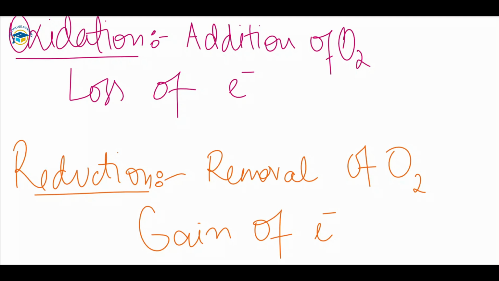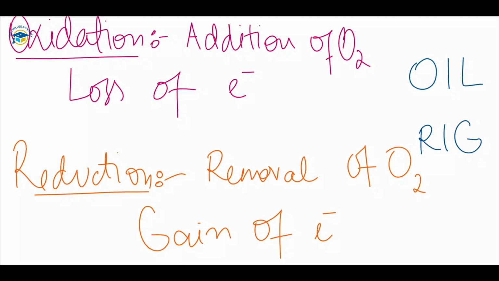Reduction is a process in which an atom, ion, or molecule gains electrons, and oxidation is opposite to that of reduction, in which an atom, ion, or molecule loses electrons. To remember this, you can also use a mnemonic as a hint, which is OIL RIG.